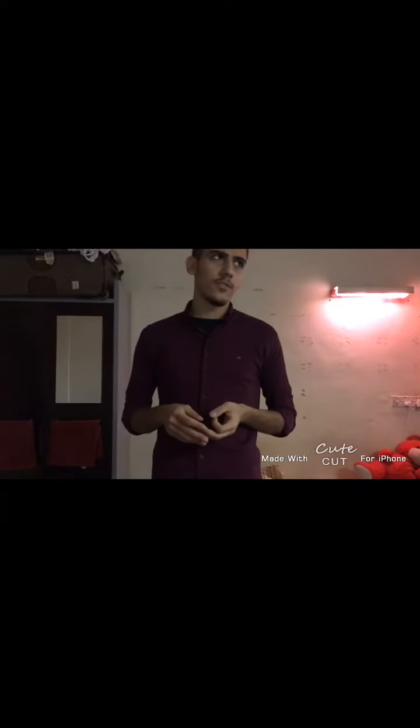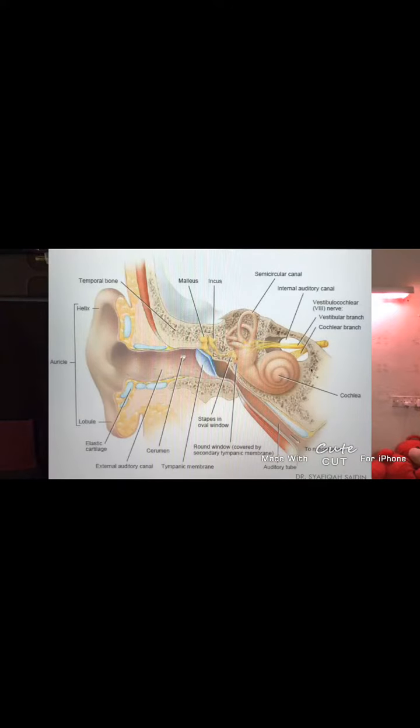Okay, so let's start with the external ear. The external ear actually consists of three parts: the auricle, the external auditory canal, and the eardrum. As you can see in this picture, the auricle is a flap of elastic cartilage, and the external auditory canal is a curved tube about 2.5 centimeters long that lies in the temporal bone.